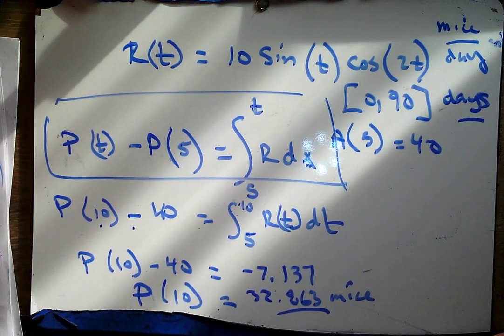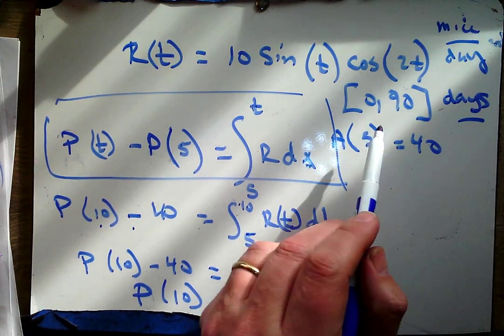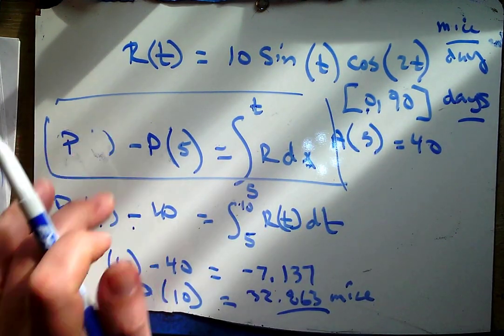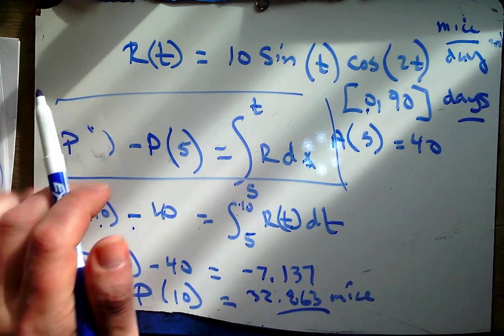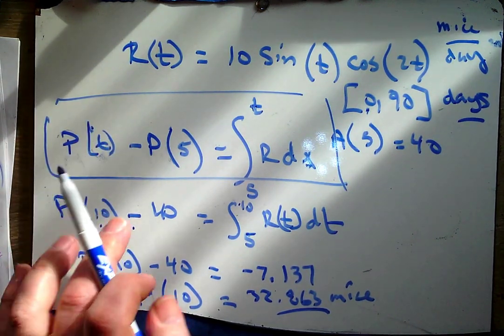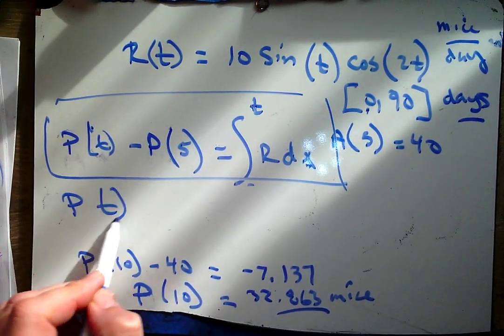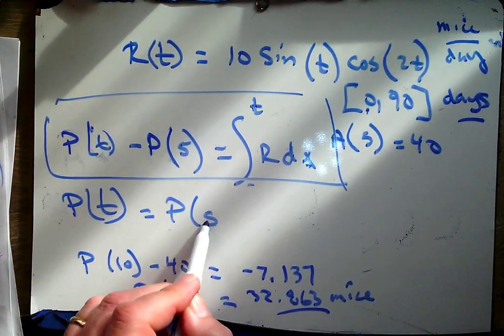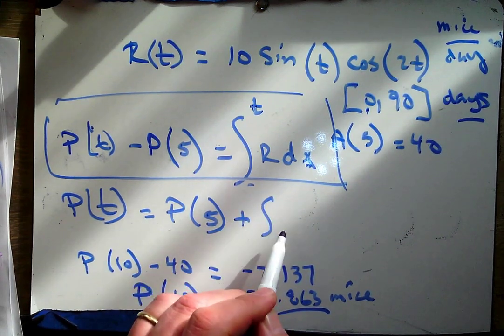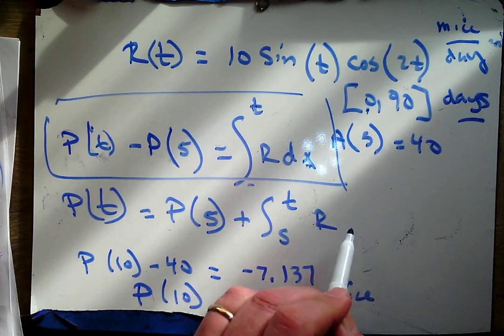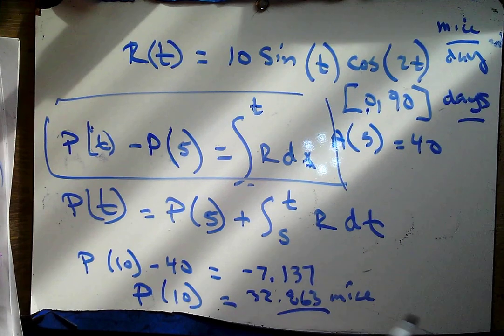Part C. How many mice were there when the population monitoring began? What time is population monitoring beginning? Time equal to 0. Oh yeah, they said P of t, didn't they? P of t is going to be P of 5 plus the integral from 5 to t of r dx.